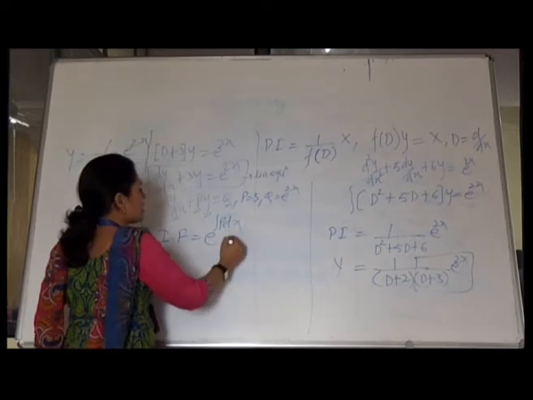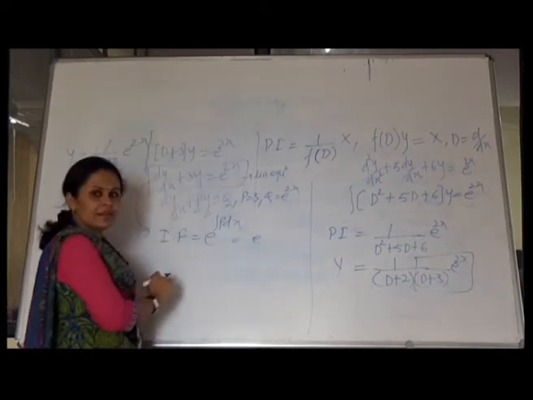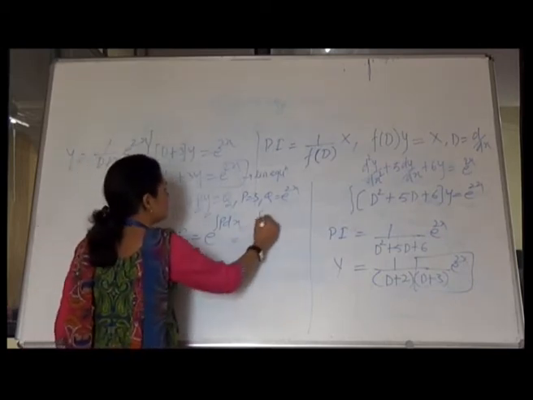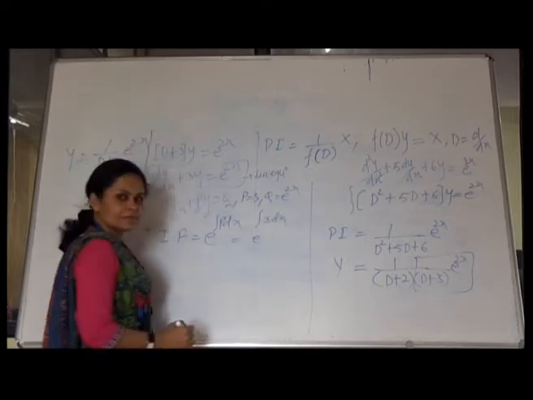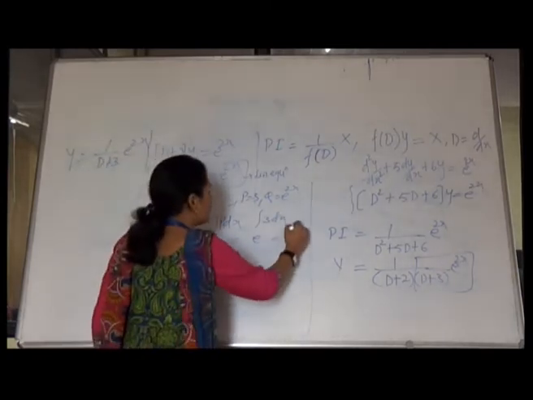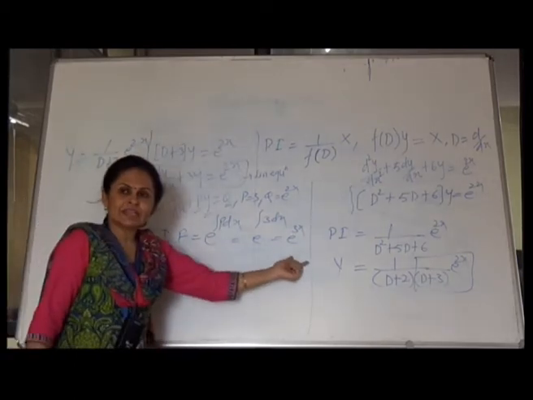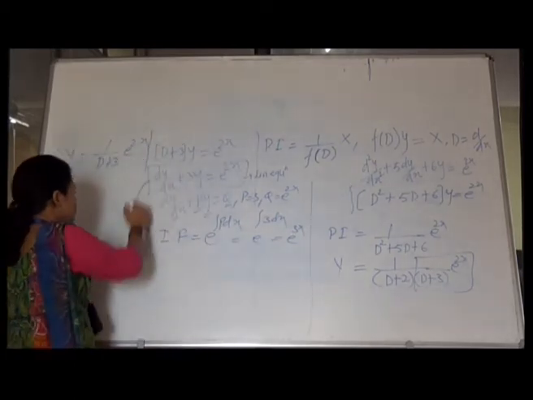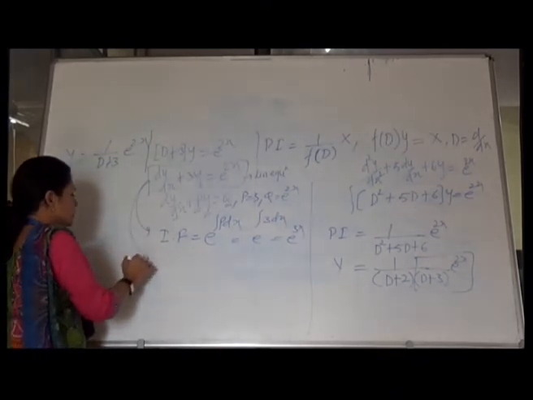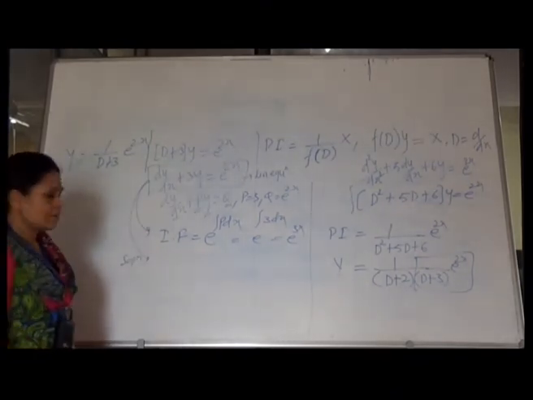If I use this, I get the integrating factor as e raised to integral 3 dx. Is it not equal to e raised to 3x? If the integrating factor is e raised to 3x, I can write the solution for this equation. What is the solution given by?